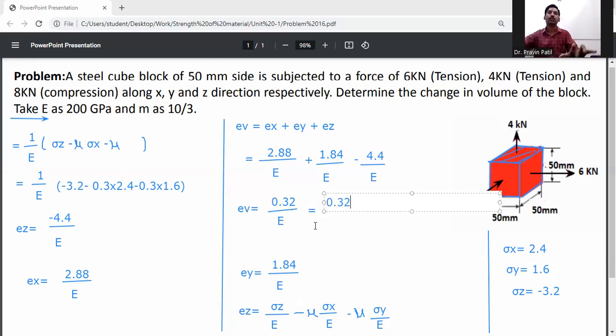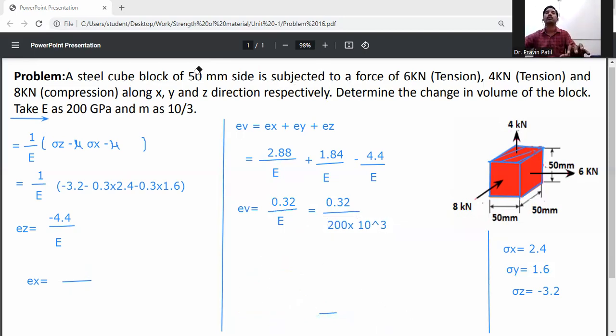E is a known value, E is 200 into 10 raised to the power 3. So we get the EV value from this.